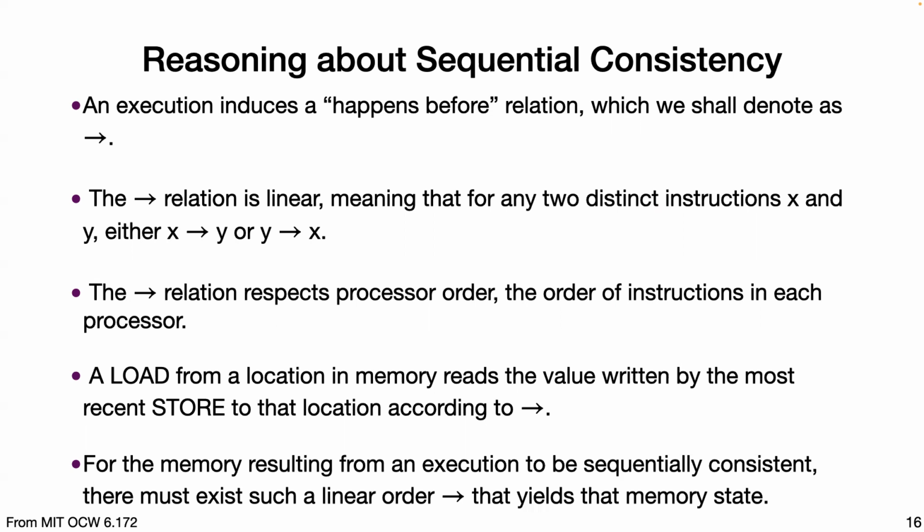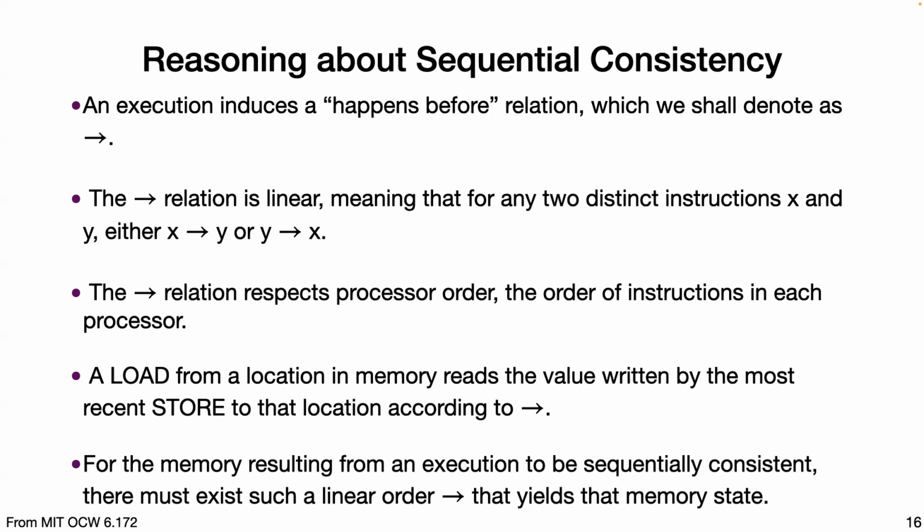And finally, for the memory resulting from the execution to be sequentially consistent, there has to be some linear order, according to this happens-before relationship, that yields that memory state. And this is implicitly what we were doing when we were saying at least one of them has to be 1, because the stores happen before the loads, and no matter what order the stores happened in, at least one of them happened before the loads.